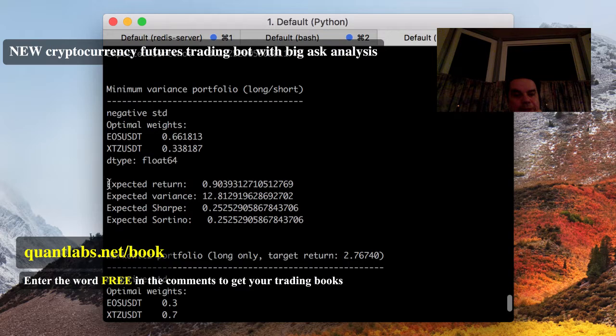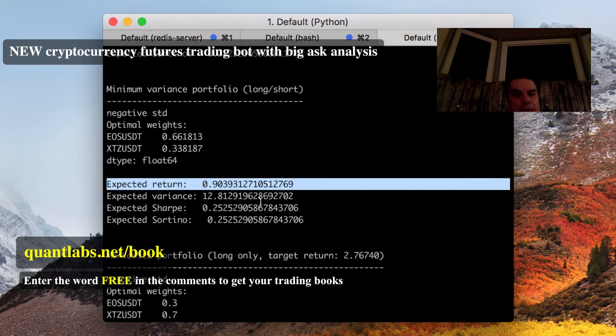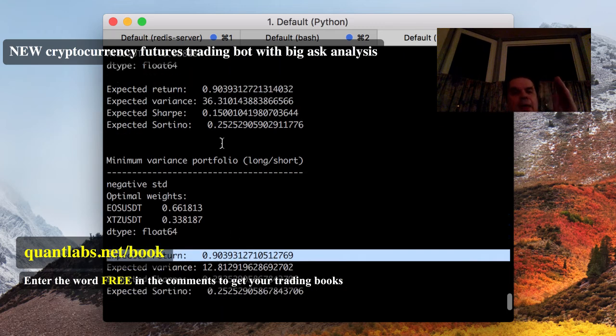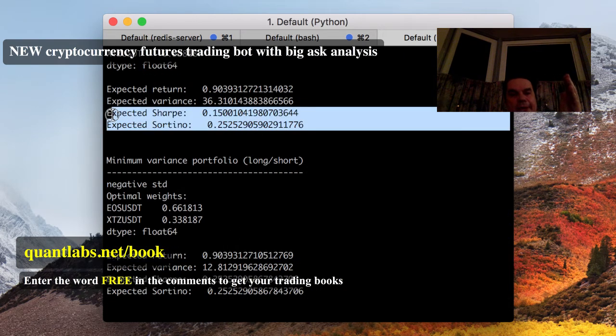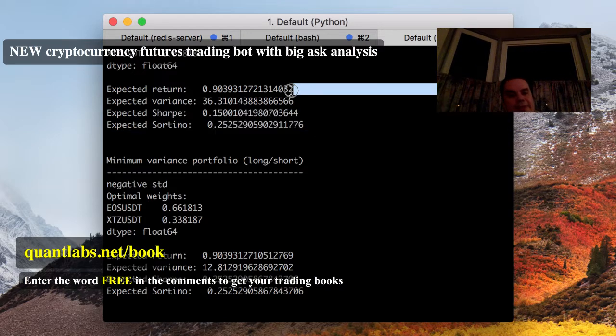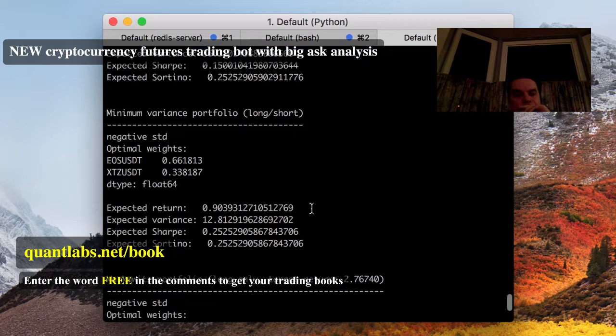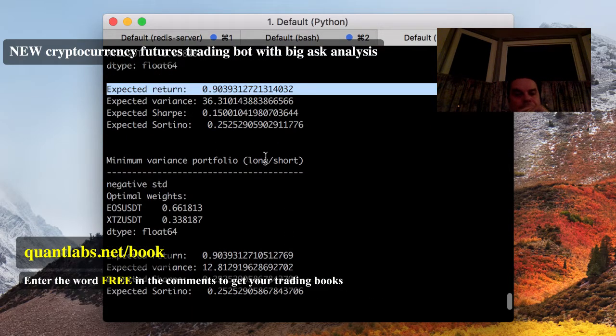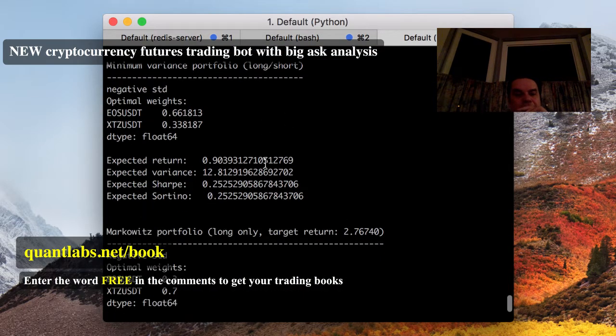Here it's saying my expected return would be 0.91%. So let me repeat that. These are my ratios, okay? You want to go with the higher ratio, obviously, but this is the expected return in percent. Nothing really changes here.